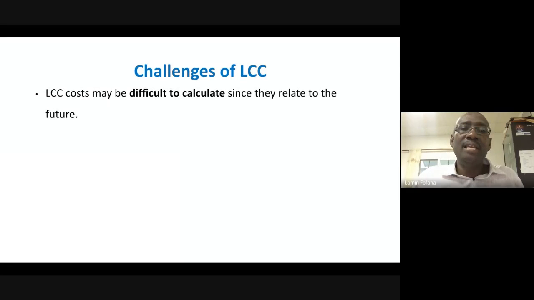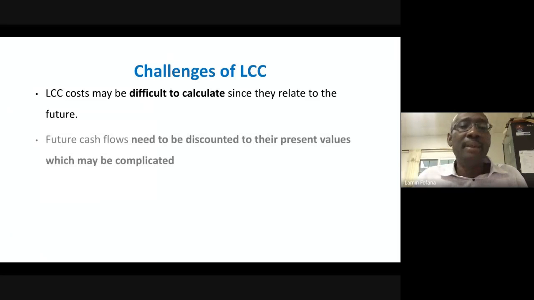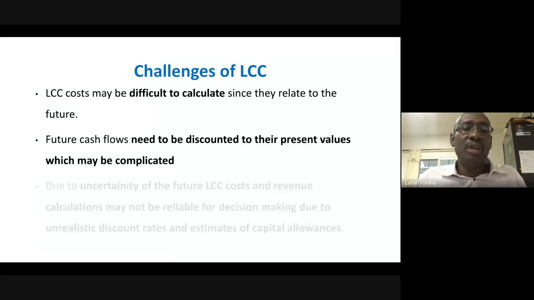Okay, we have some challenges. Sometimes it might be difficult to calculate. Why? Because it relates to costs that will happen in the future, and the costs and benefits that will happen in the future have to be discounted to their present value in order to be able to take any decision. So it might be a bit difficult to calculate. Future cash flows need to be discounted, of course, which may be complicated.